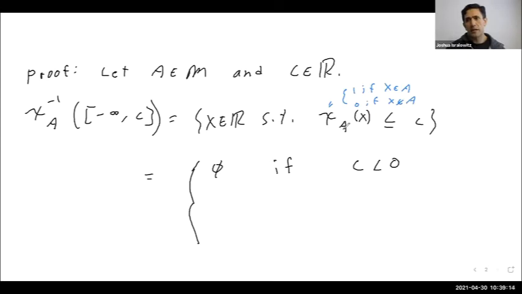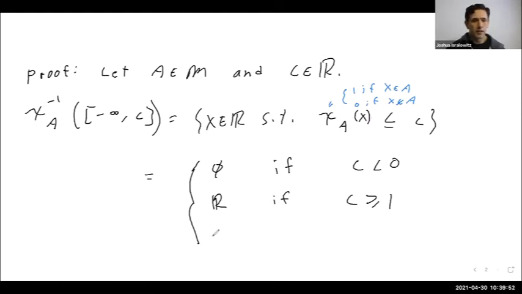This is never negative, so it's never going to be less than or equal to a negative number. It's the whole real line if C is bigger or equal to 1, because it's always either 0 or 1, and 0 and 1 are less than or equal to something bigger or equal to 1.